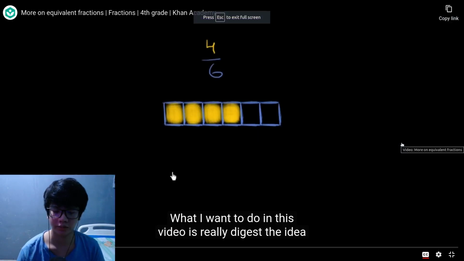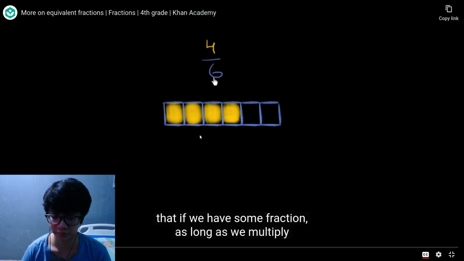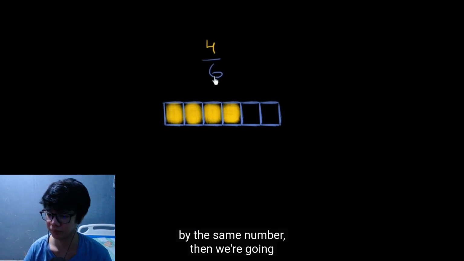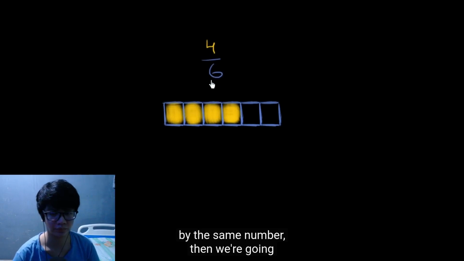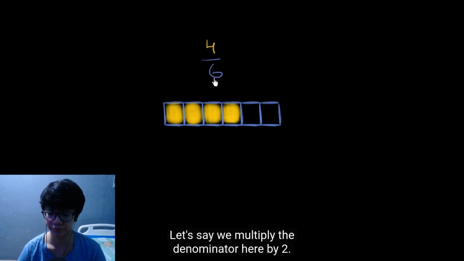What I want to do in this video is really digest the idea that if we have some fraction, as long as we multiply the numerator and the denominator of the fraction by the same number, we're going to have an equivalent fraction. So let's think about that. Let's say we multiply the denominator here by 2.